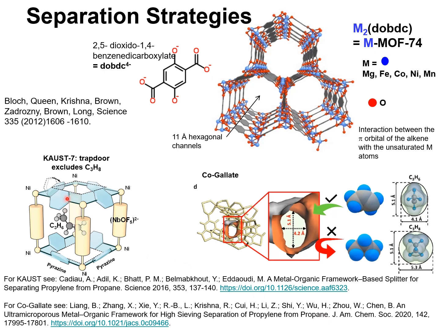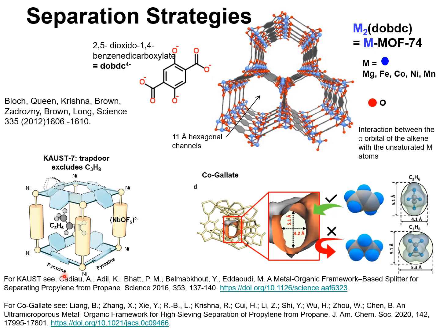Another alternative is to use KAUST-7 that has a subtle trapdoor mechanism that excludes the saturated propane from the pores of KAUST-7.